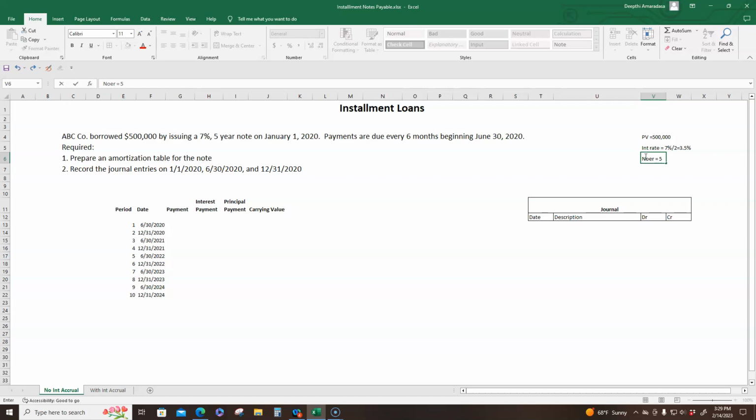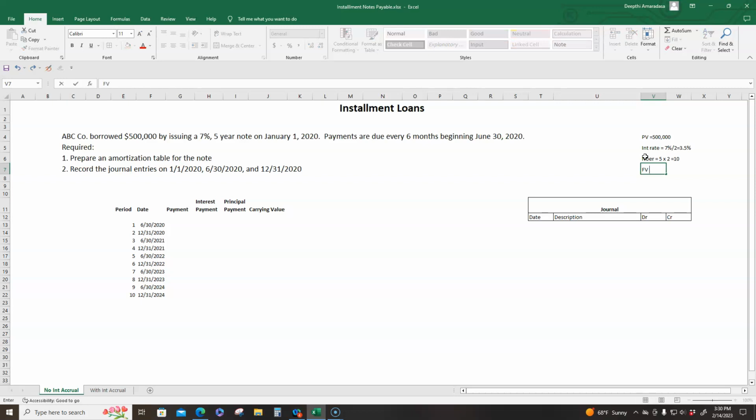You're going to make 2 payments. So you're going to say 5 multiplied by 2. It's going to be 10 payments over the life of the loan. So we need to enter that in the formula as well. Finally, it's going to ask for future value.